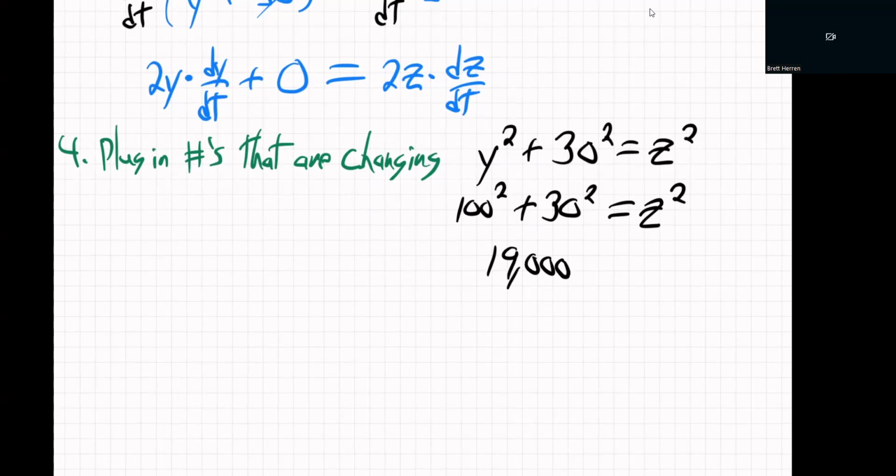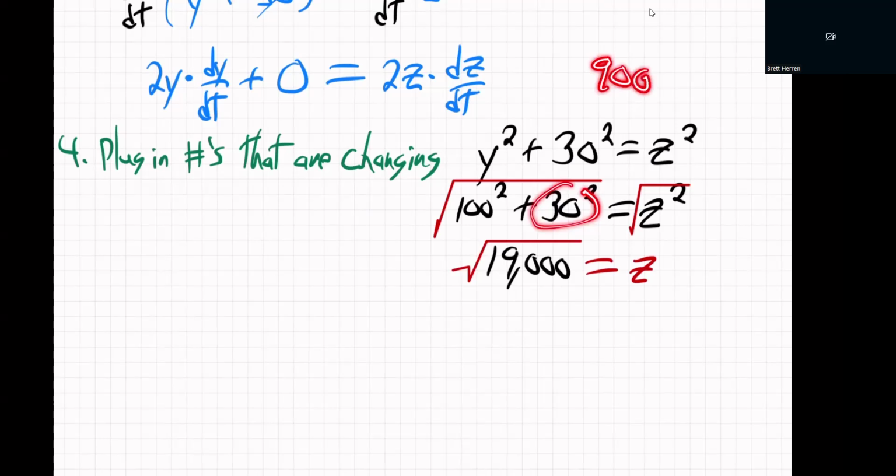And then we're going to root both sides of this thing, right? Root, root, plain old z. I hope I did that right. Oops, didn't do that right, huh? Let me see. 30 times 30 is 900. I blew that.